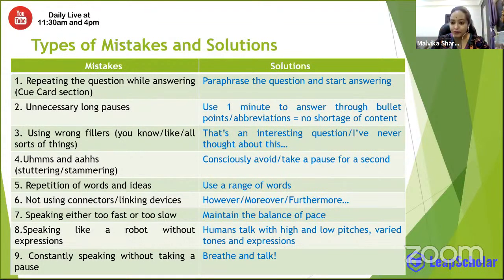You are a human. You can take a pause for a second. Breathe in. Consciously avoid taking these ums and ahs into your speech. And how can you really do it? Guys, practice at least, say, 2 cue cards a day. Now, when you're practicing those cue cards, record yourself.